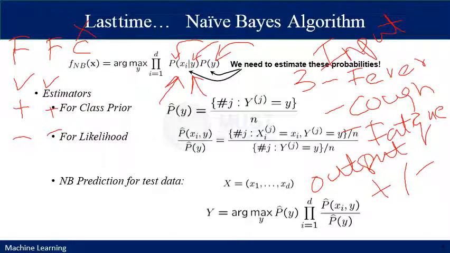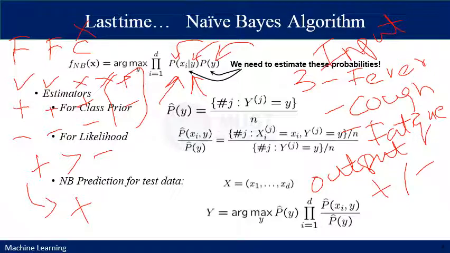Similarly, when there is no cough, calculate it for the positive and negative class. Then multiply it with the probability of the positive and negative class for each value. Combine the values, and if the value for the positive class is greater than the negative class, your outcome will be marked as positive.